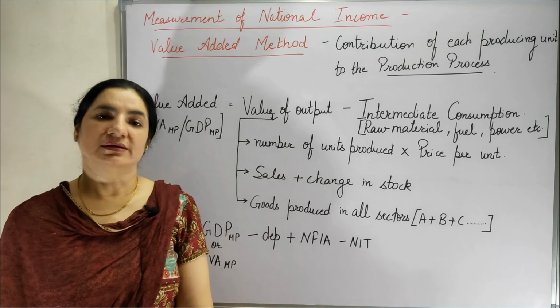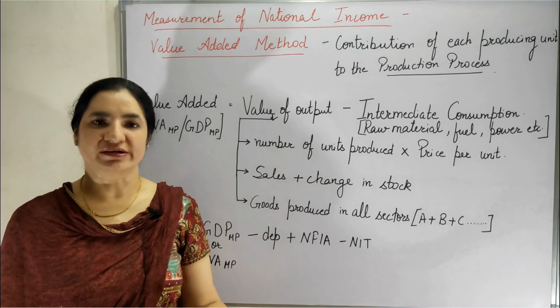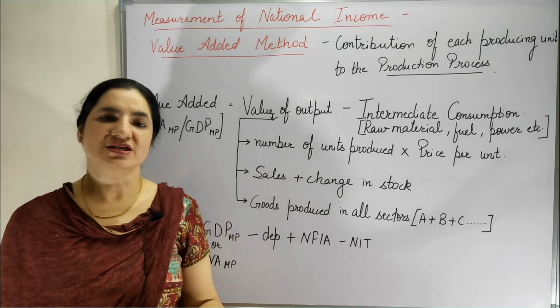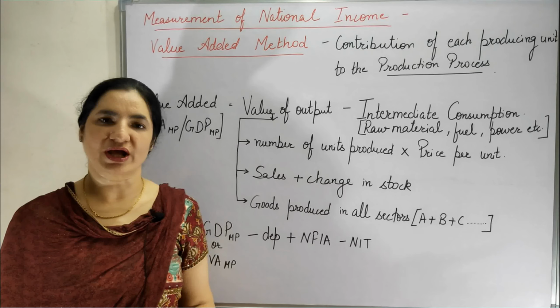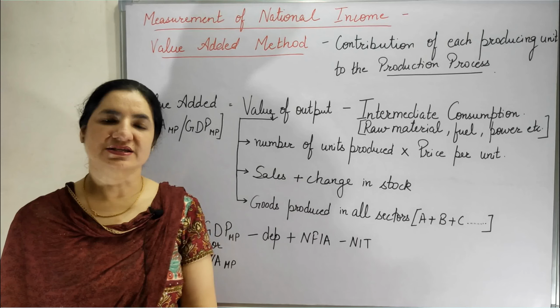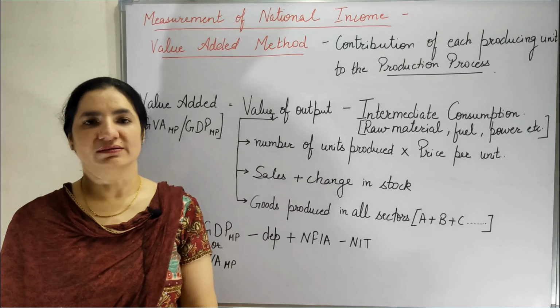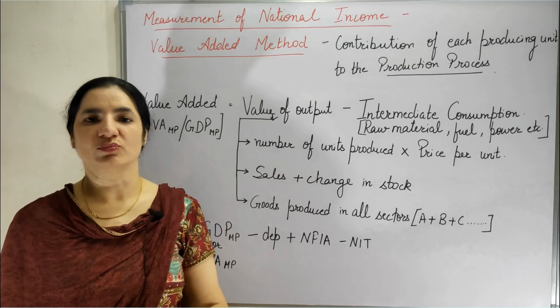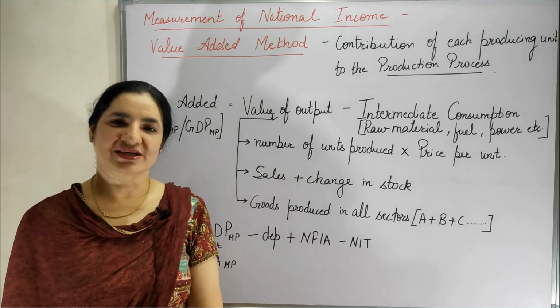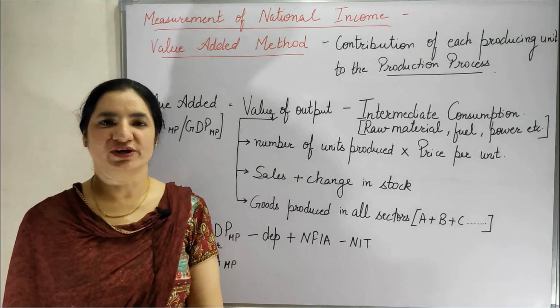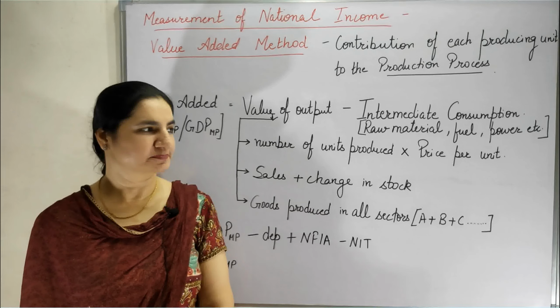Then the income which is generated through these is distributed among the factors of production, and further in the last stage they make the expenditure, and again the circular flow of income goes on. For more clarification, you can watch my video related to that chapter.